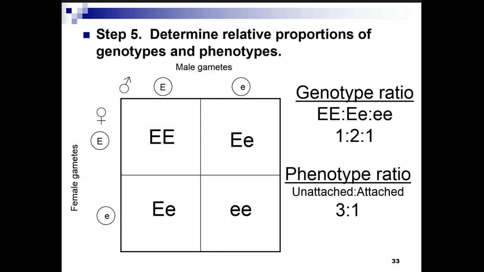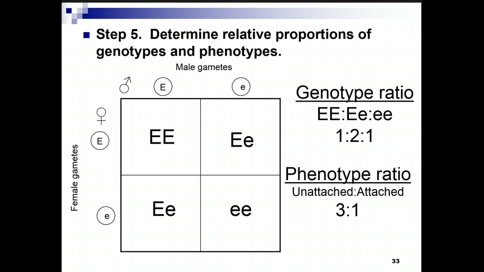Now typically when you do a Punnett square, the question will ask you to figure out the genotypic and phenotypic ratios along with the genotypes and phenotypes. The genotypes are given by the letters in the Punnett square. The genotypic ratio is how many times out of 4 do we see the different combinations of these genotypes in the offspring.